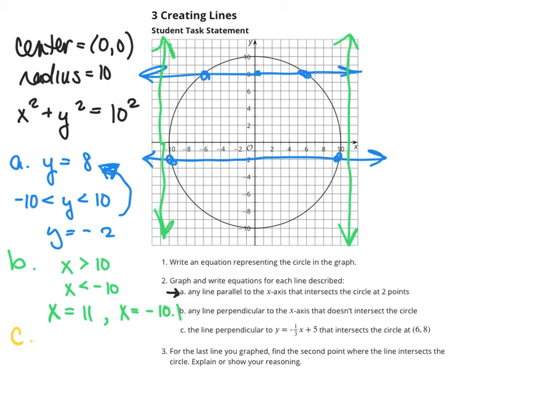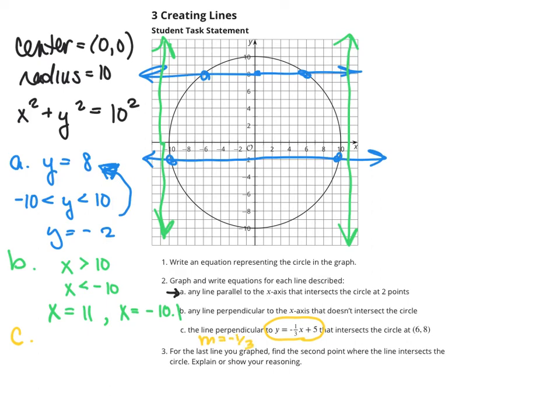All right, how about C? A line perpendicular to y equals -1/3 x plus 5 that intersects the circle at 6, 8. So perpendicular to this line means for this line, my slope is -1/3.